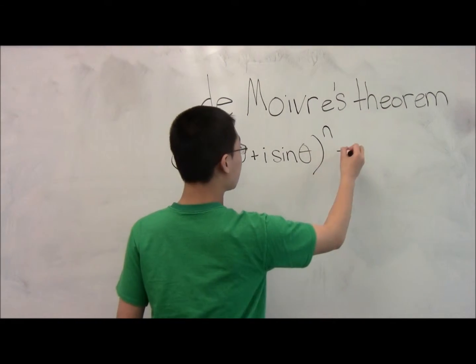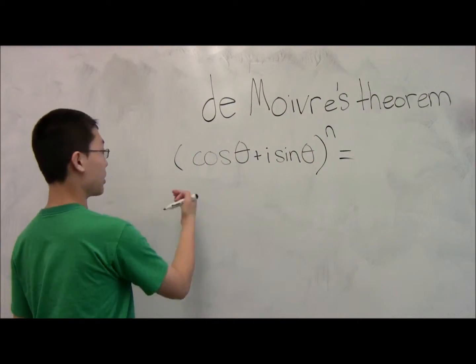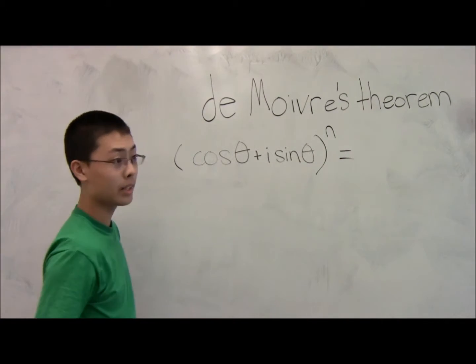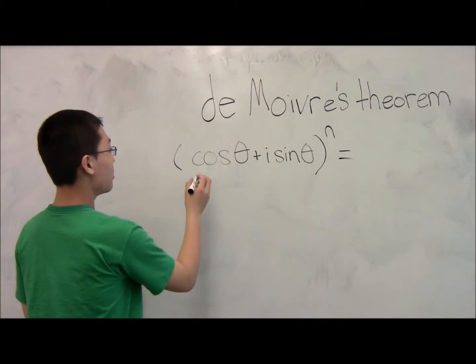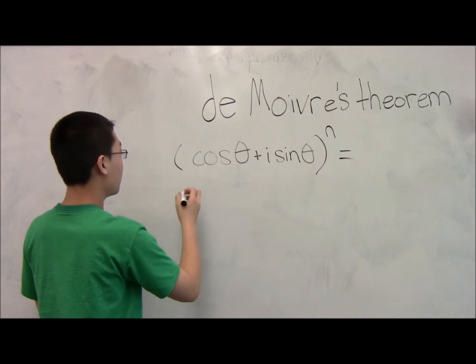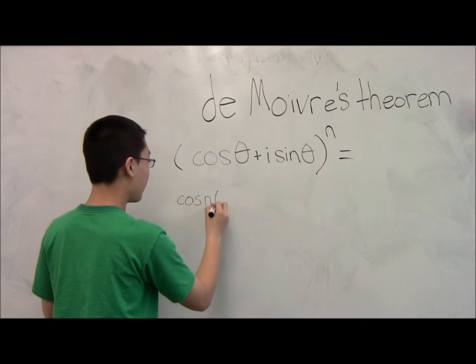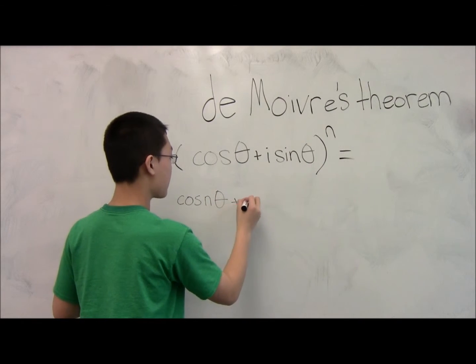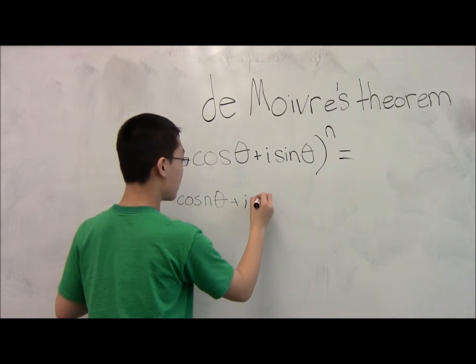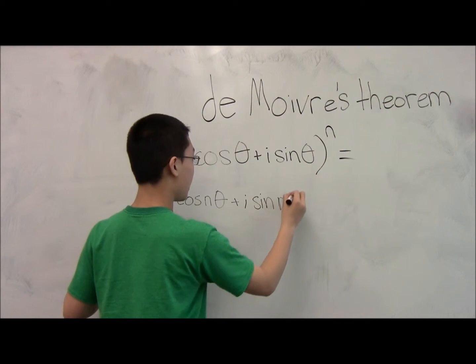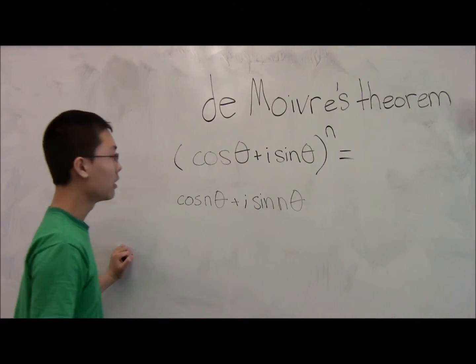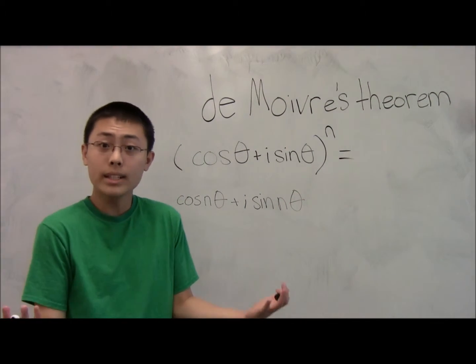And that is going to equal, I'm going to write it down here, cosine of n theta plus i sine n theta.